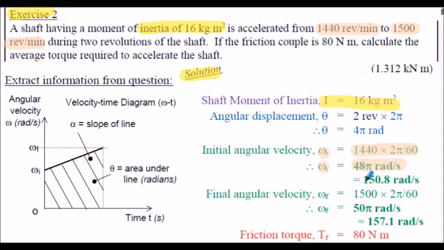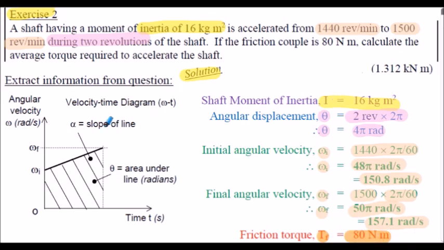Also shown in decimal here, if you prefer decimal values. And my final angular velocity is 1500 revs per minute, again converted into radians per second. We're told this happens during 2 revolutions. So again, converting my angular displacement from revs to radians, that's 4 pi radians. Friction couple, constantly applied here, we assume is 80 Newton meters.